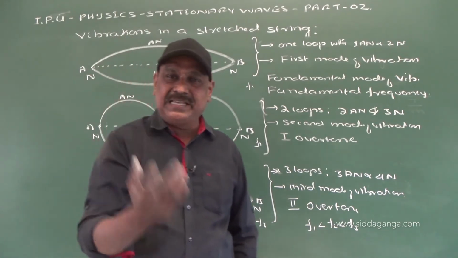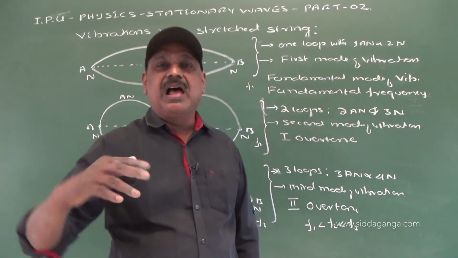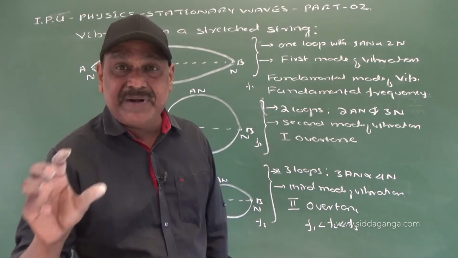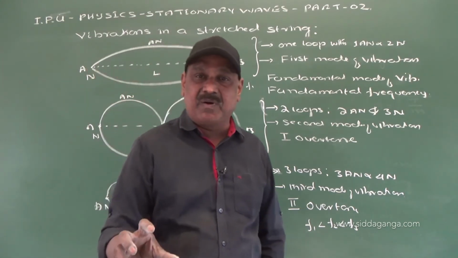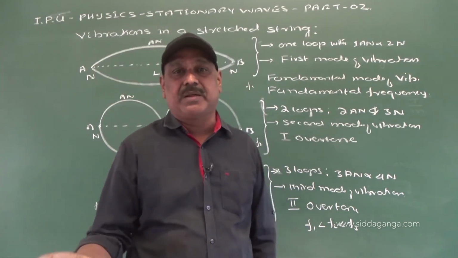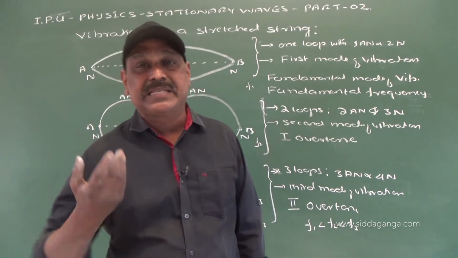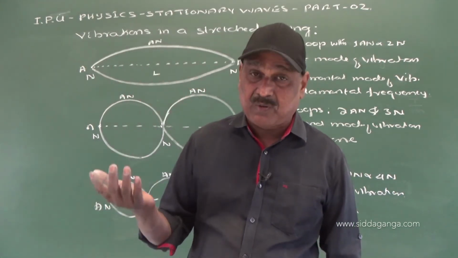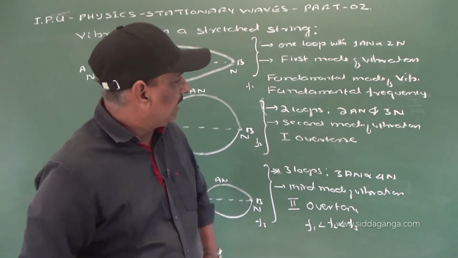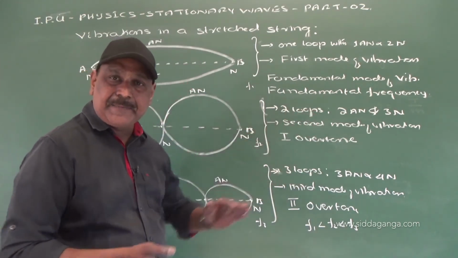The frequencies which are higher than the fundamental frequency of a vibrating body are called overtones. There may be first overtone, second overtone, third overtone, etc. I think you can understand, right?